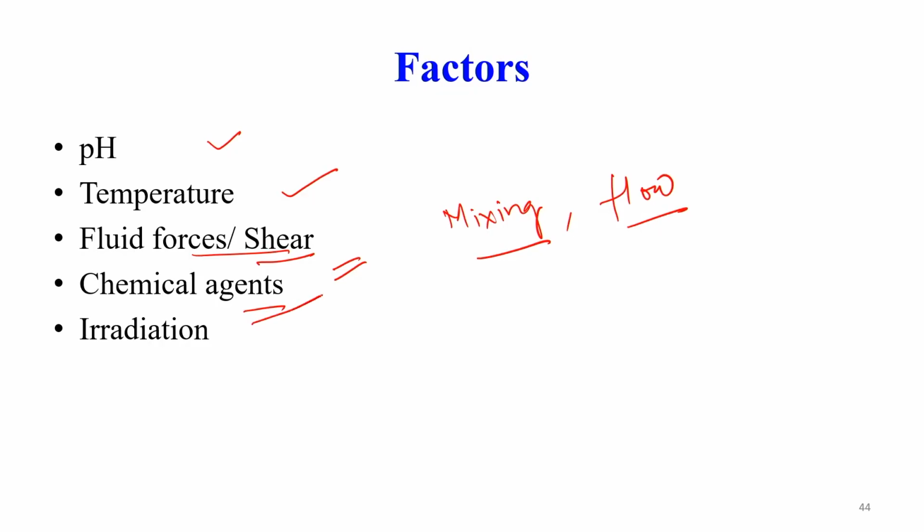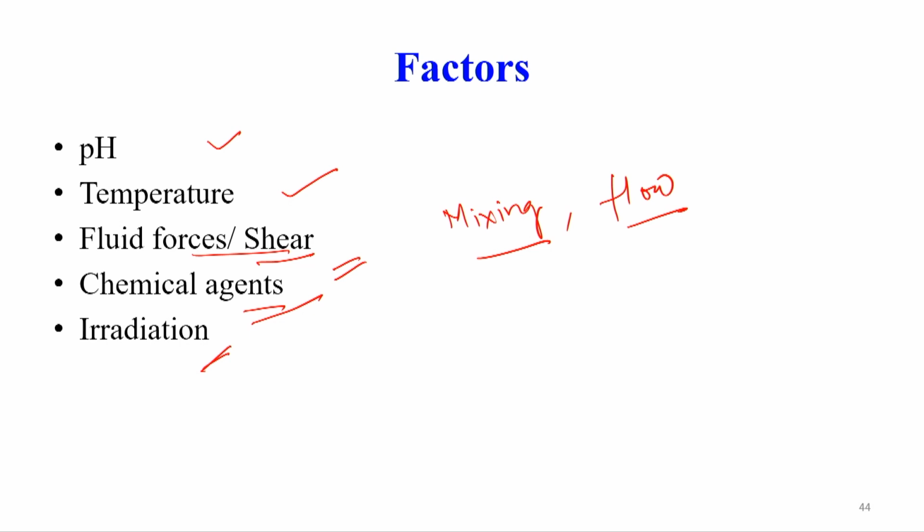In addition, there are many chemical agents in the bioprocess which can interfere with the stability of enzymes. Even physical agents like irradiation can affect the intermolecular interactions which stabilize the native structure of a protein. So, what are the solutions?